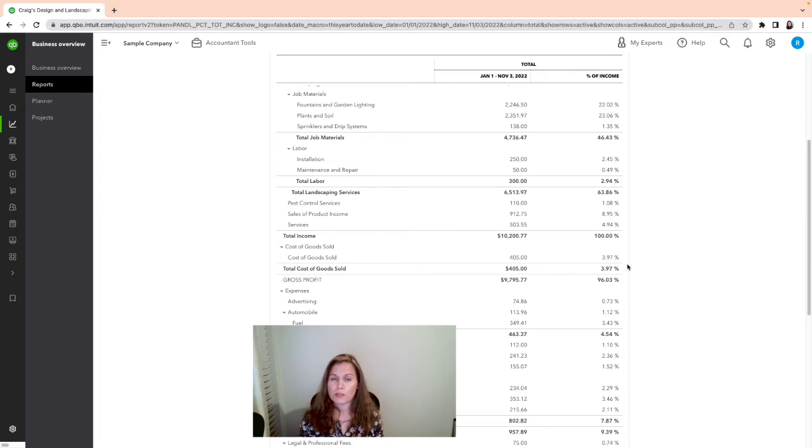For restaurants, for instance, food is huge, and it's a cost of goods sold, and you want to find out what's your bottom line, right? So you want to see what is your total revenue and what is the percentage of your cost of goods sold.